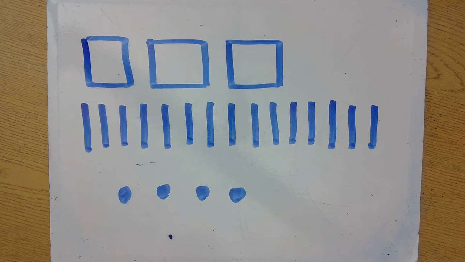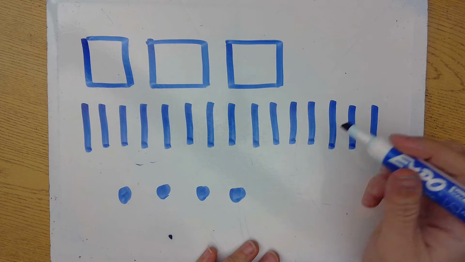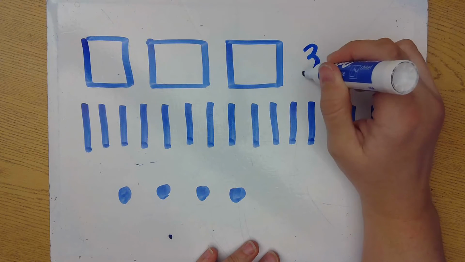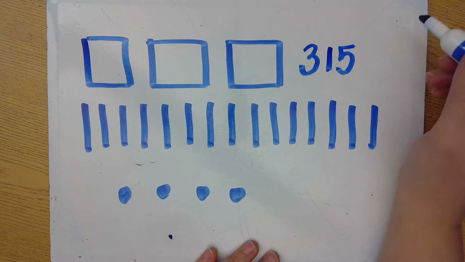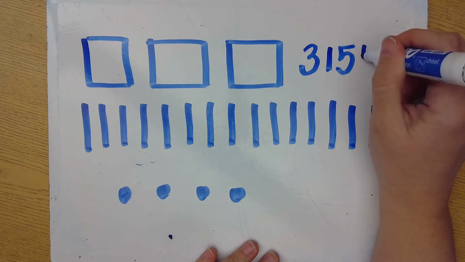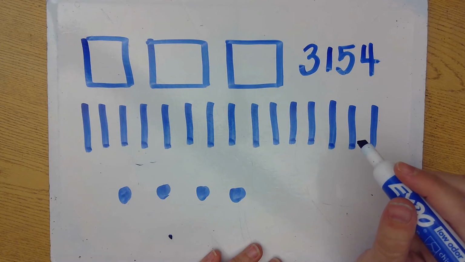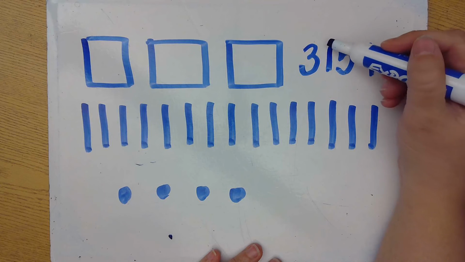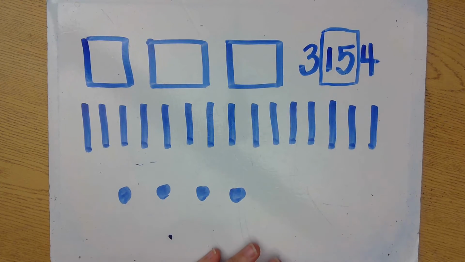If someone was looking at this and thinking, I wonder what number that is, they might be tempted to write something like this: 3 flats in the hundreds place, 15 longs in the tens place, and 4 cubes in the ones place. Now, when I learned about place value, I learned that there can only be 1 digit in the tens place.